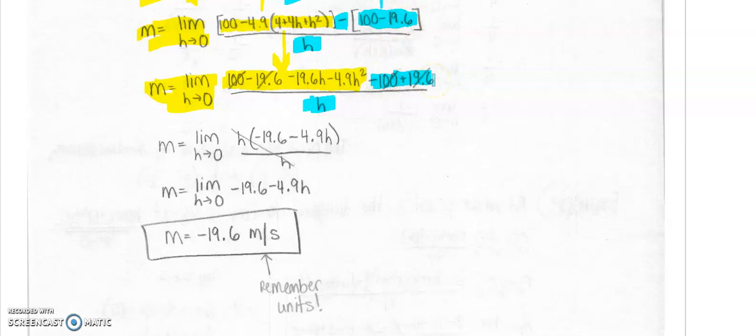All right. Then the following step, we kind of combined a couple of steps, and we rewrote it with all of these terms that canceled. So the 100, the negative 100, the negative 19.6, and the 19.6. So this step going from here down is just a rewrite with the h factored out.